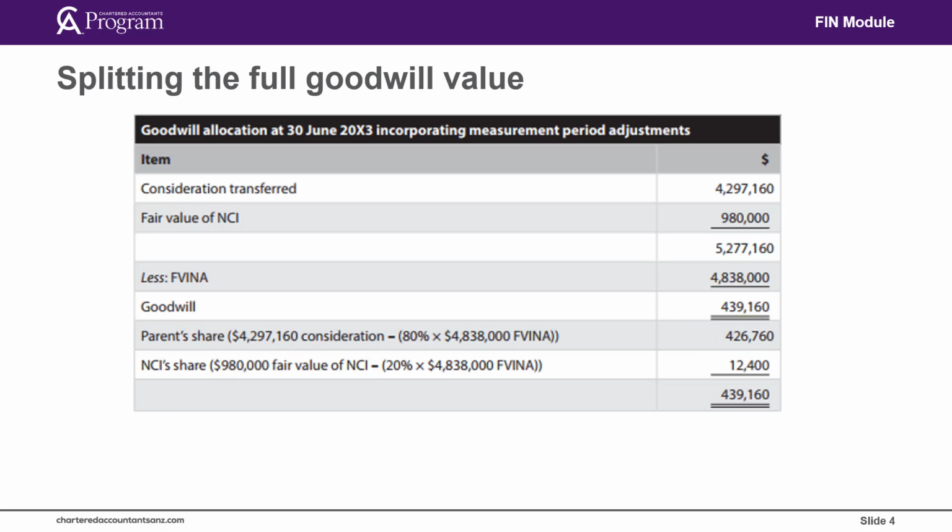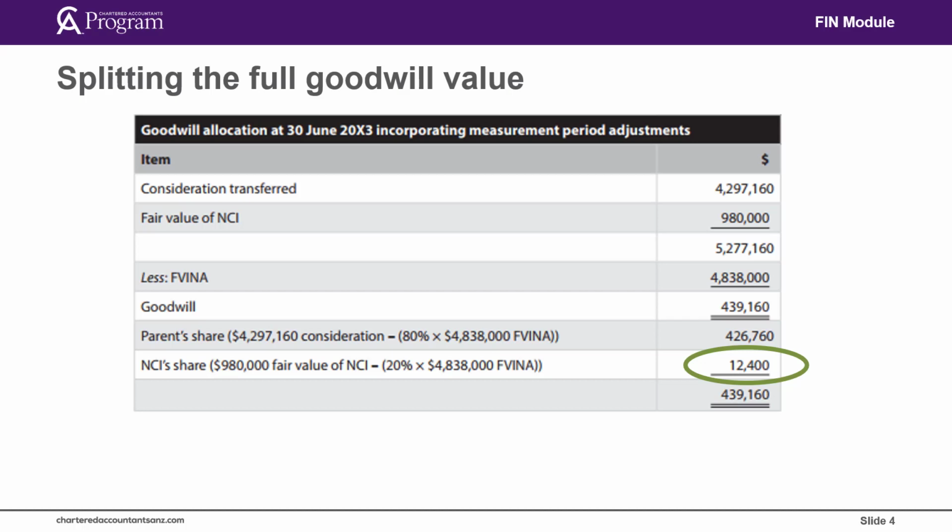The remainder is the amount that belongs to the non-controlling interest, but we can calculate it in a similar way. The fair value of the non-controlling interest at acquisition was $980,000, less their 20% share of that fair value of identifiable net assets, resulting in their share of the goodwill asset being $12,400. So that's their value.